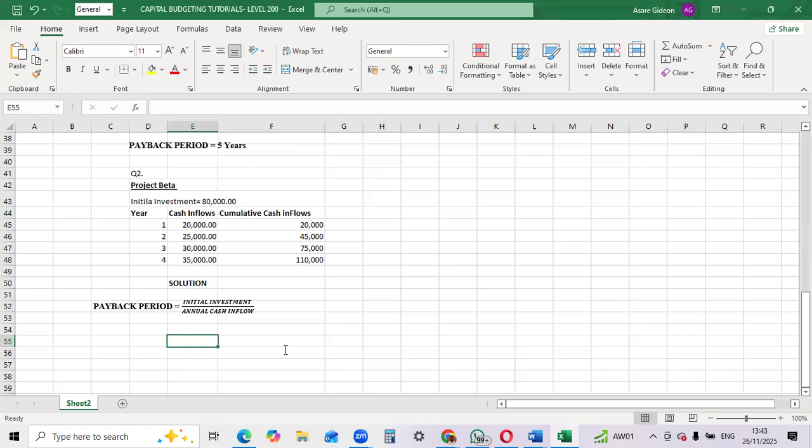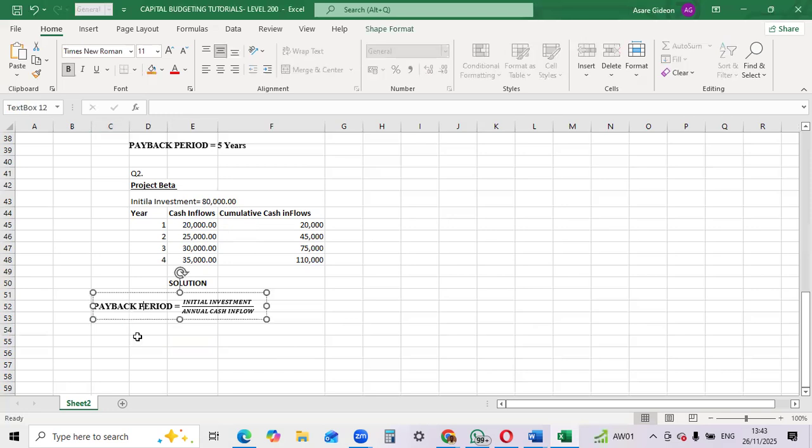So the same idea as the first one. So here, our payback period. First of all, we can find the difference. So of course, the difference is going to be 5,000.